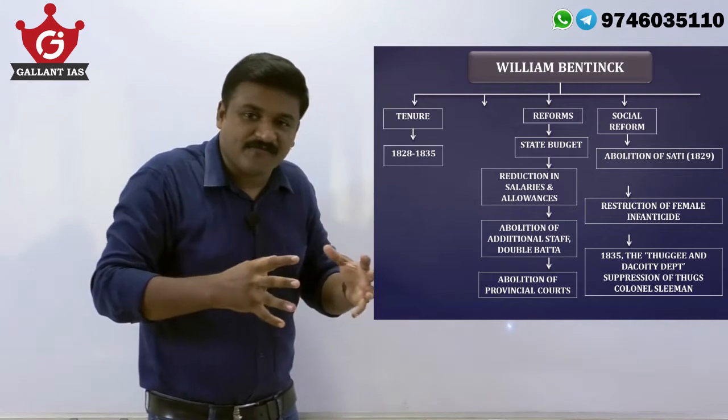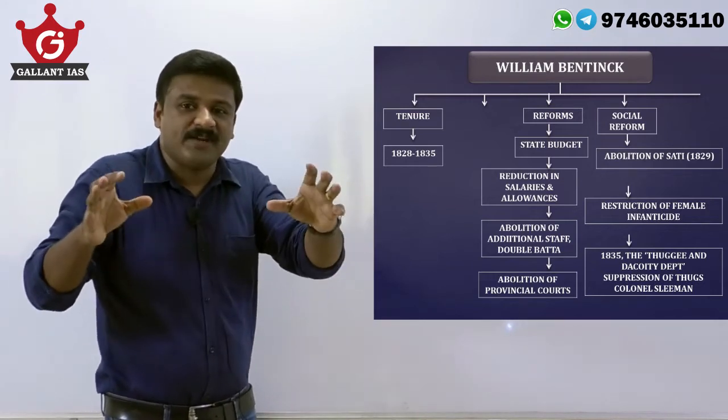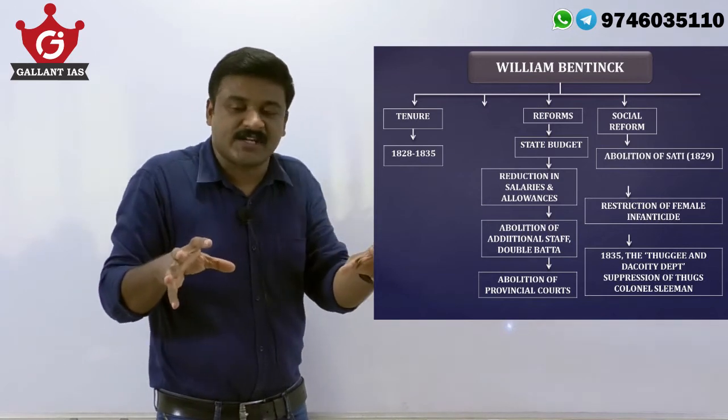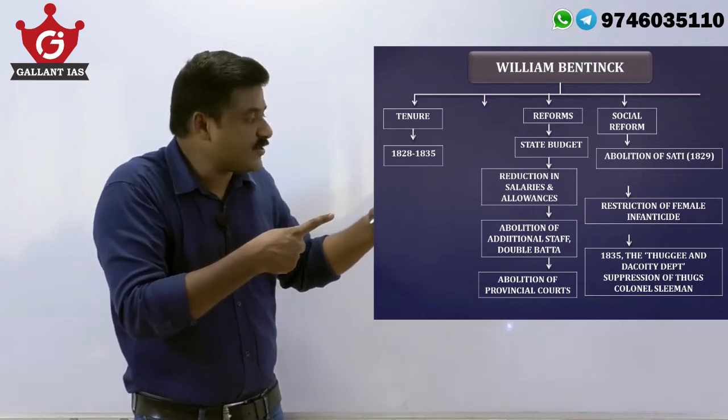Now the major reforms you see: as soon as he arrived here, the British East India Company was facing a fiscal deficit, a financial crisis. What did he do to overcome it?